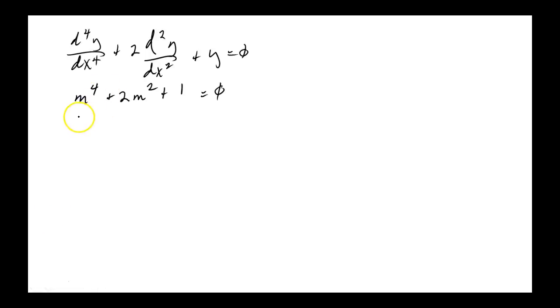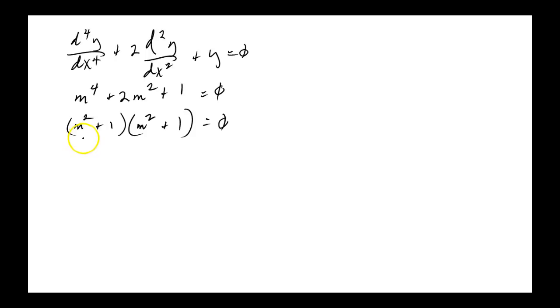What can we throw in there to make that work? We need it to be a negative one. You can factor by grouping. That is grouping. M squared times M squared plus 1, times plus 1. Won't that work? Too bad they're not minus.